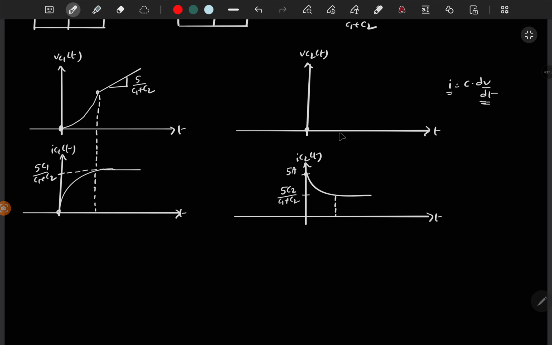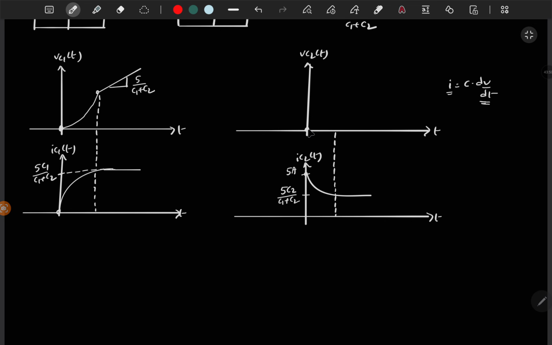till this point it should charge depending on the current magnitude, but after this point, since the current is constant, it should charge linearly. Now for C2, the initial current magnitude is higher, and as time progresses the current magnitude is decreasing, which means the slope should decrease. So the initial slope should be higher and at this point the slope should be lower, and it should charge because the current is positive.